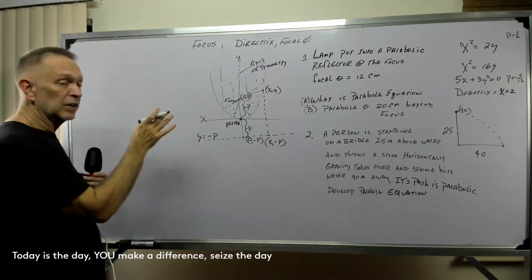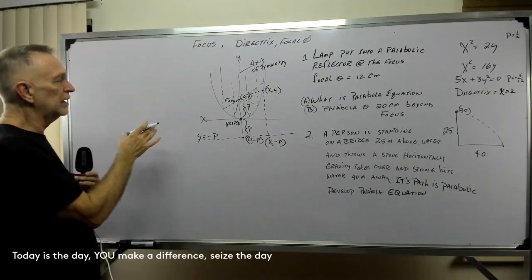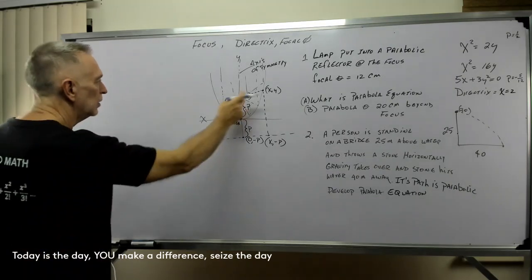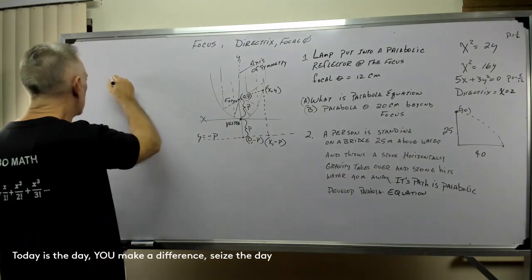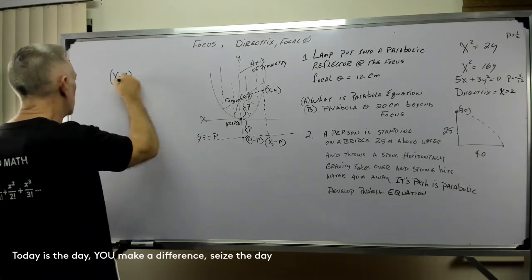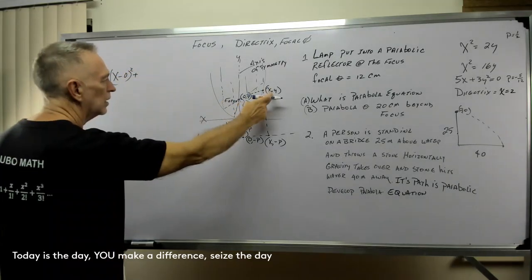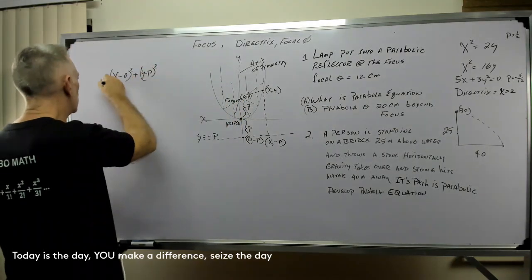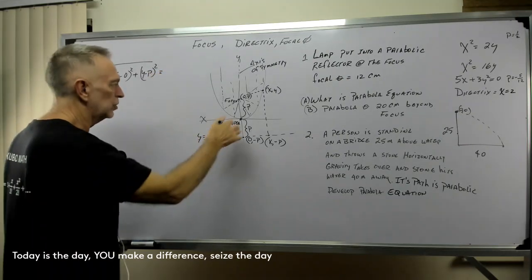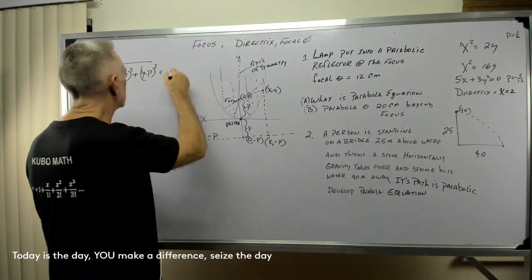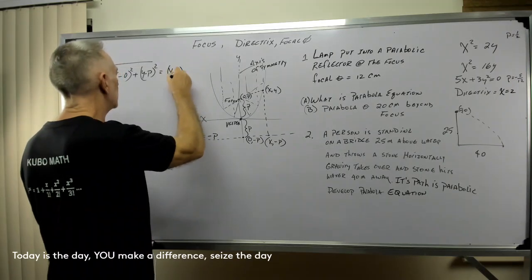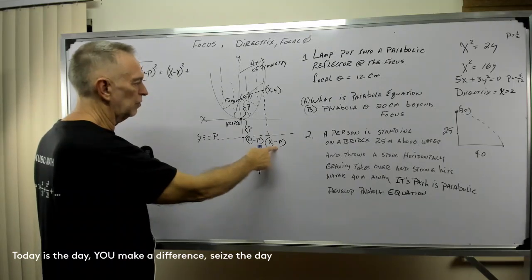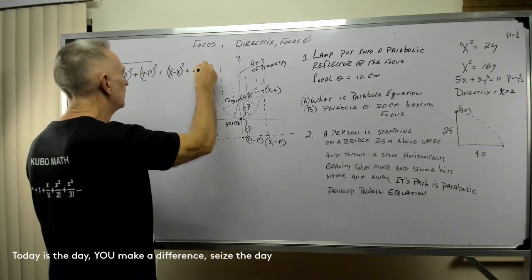But let's do the distance formula for each, and then set them equal and see what equation pops out. So we would have the square root of x minus 0 squared plus y minus p squared, and that's equal to the square root of x minus x squared plus y minus negative p, so that would be y plus p, squared.